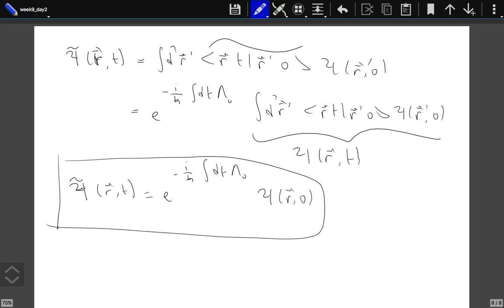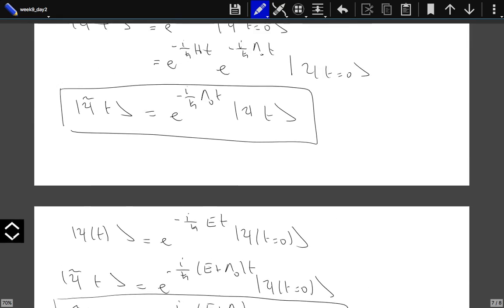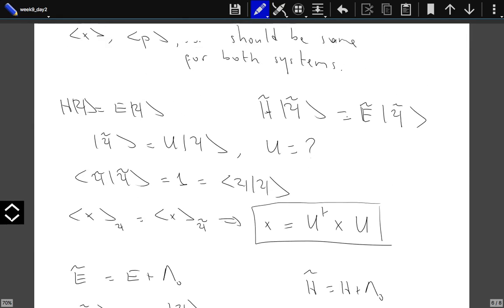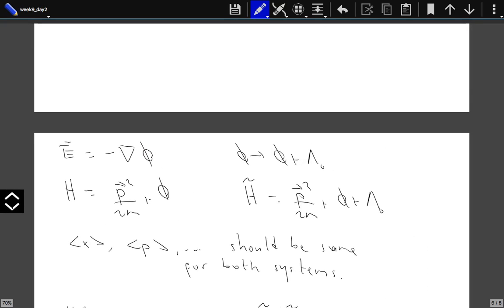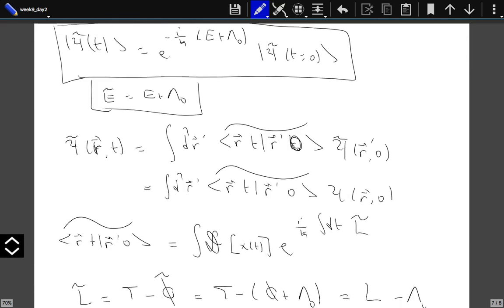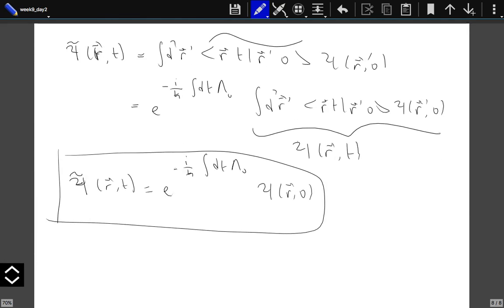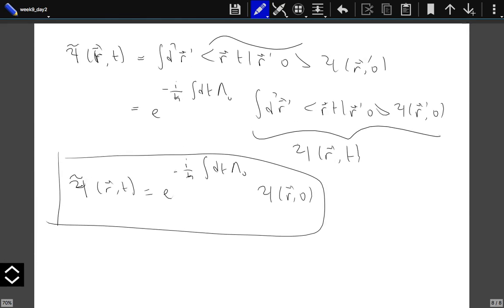So in a sense, on one hand, we know from classical physics that a shift in the potential shouldn't make any difference, shouldn't have any observable consequences. Now we see that it changes the wave function slightly. The phase of the wave function changes differently if the potential is slightly different.